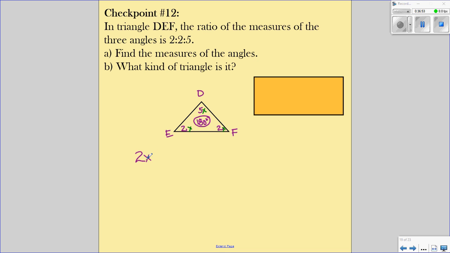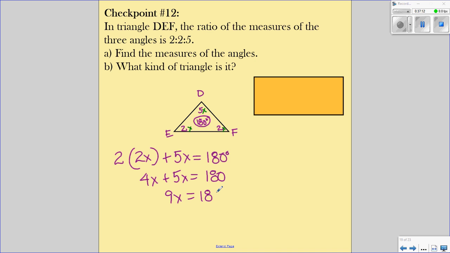So 2x, since there's 2 of them, I'm going to put 2 times 2x plus 5x equals 180. So 4x plus 5x, then 9x equals 180. Divide by 9 on both sides, and I'm going to get 20.